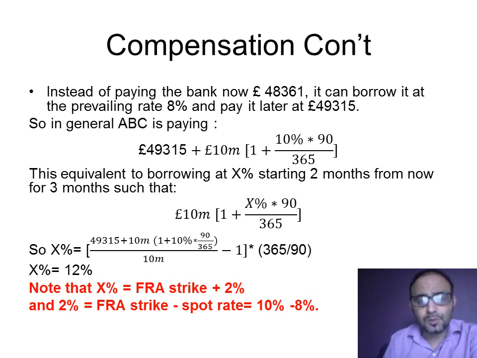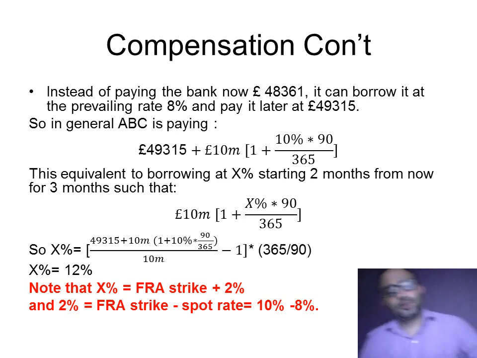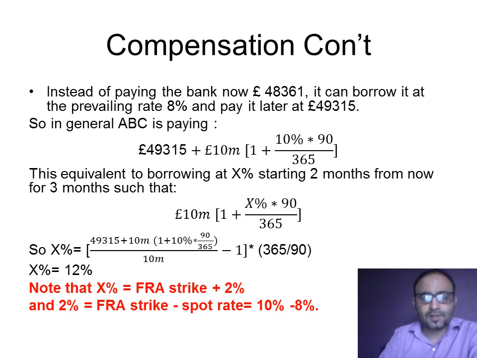Now this is equivalent to borrowing at a certain X% starting 2 months from now for 3 months, such that 10 million times 1, i.e. 10 million, plus X%, which is the equivalent rate of borrowing over that 3 months period. Now, doing a bit of simple calculation, that leads to X% equal to 12%.